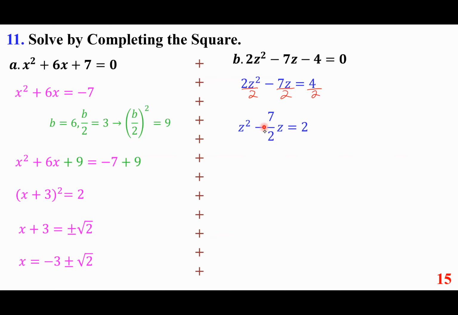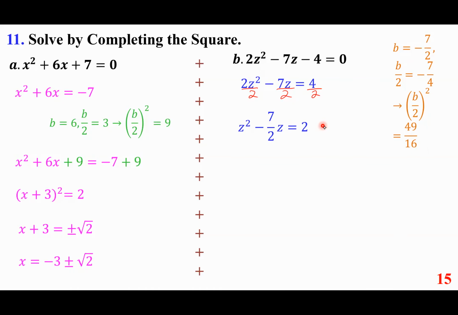Square that, positive 49 over 16, because the minus goes away. So 49 over 16.